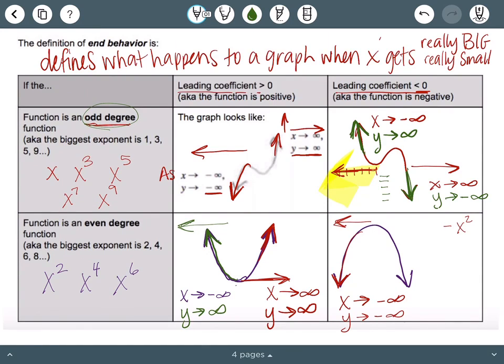Then when we go to the right side, our x is headed to positive infinity. Our graph is also going down, right? So y is headed to negative infinity. So our end behavior defines what happens when x gets really big or really small, so what's happening at the ends of our graph.